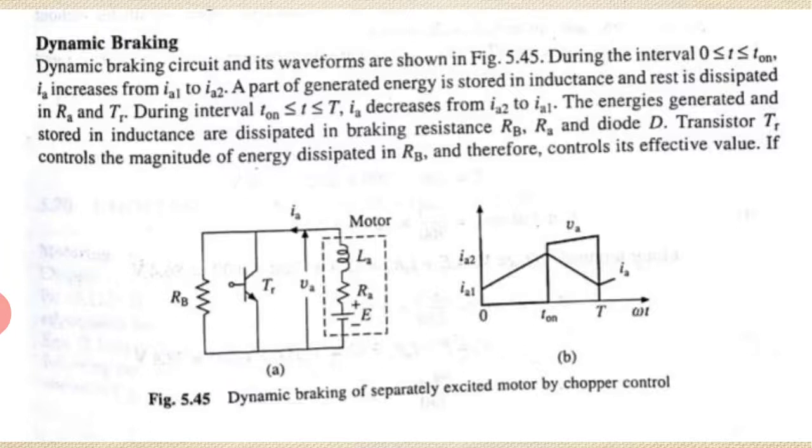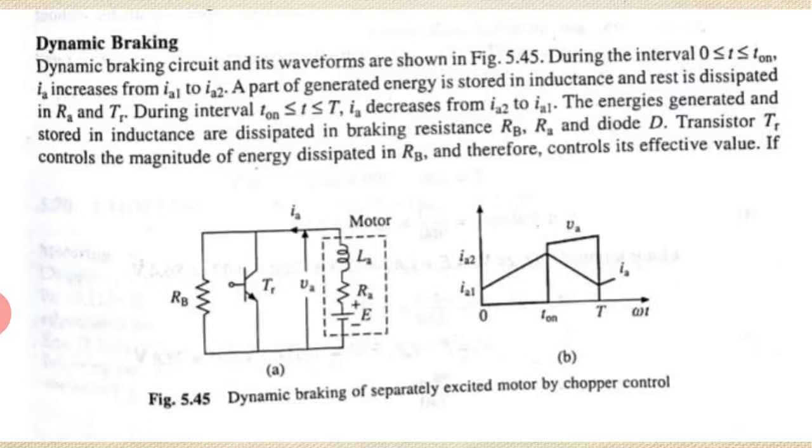Now I will discuss the switching of transistors. During the interval 0 less than or equal to t less than or equal to T on, IA increases because the switch is turned on.